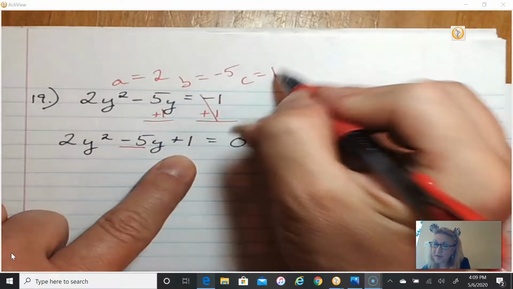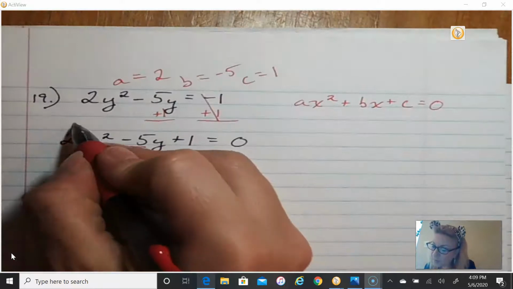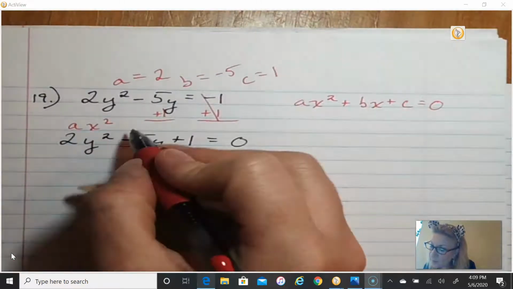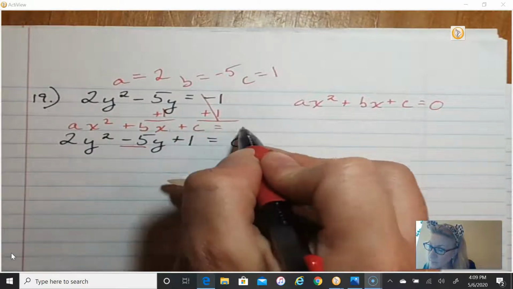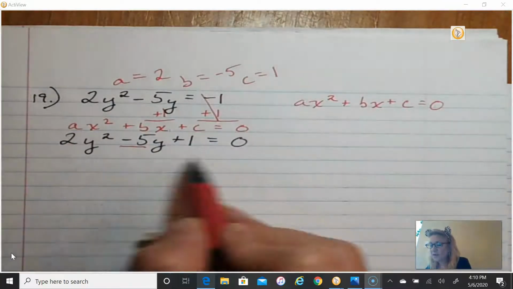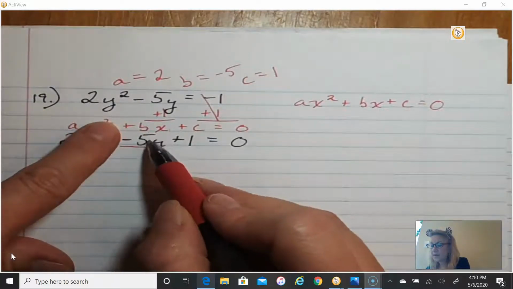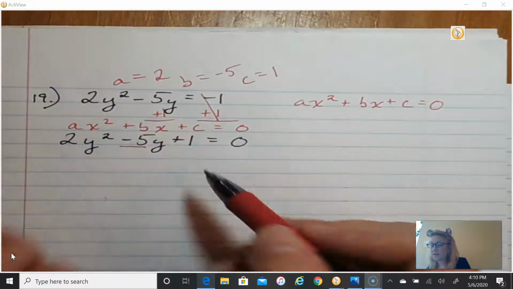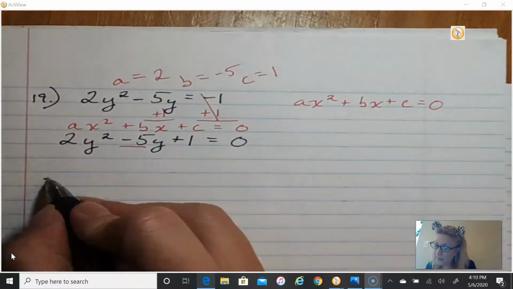Plus 1 or positive 1. Okay? Here, I'll even write this on top here. There's the form that's supposed to be in. It tells you that A is 2, the B is negative 5, C is 1. And I have it written right there. Okay, so let's get started.